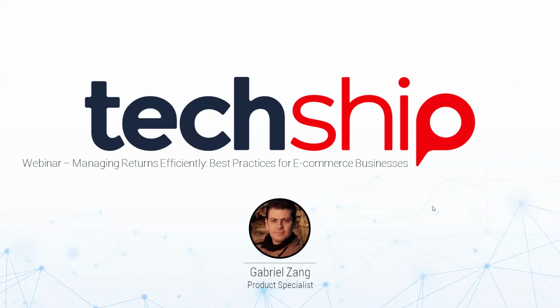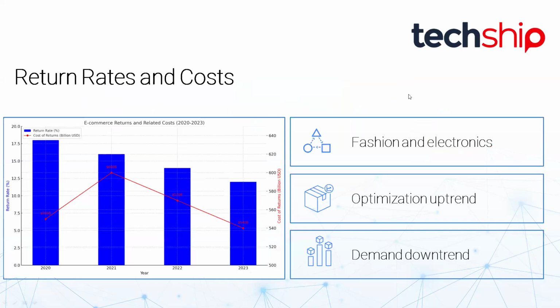Okay. So today, first of all, I want to review return rates and costs before we jump into TechShip's features and how we can optimize your returns operations. It's important to see where we are in the course of the last few years.